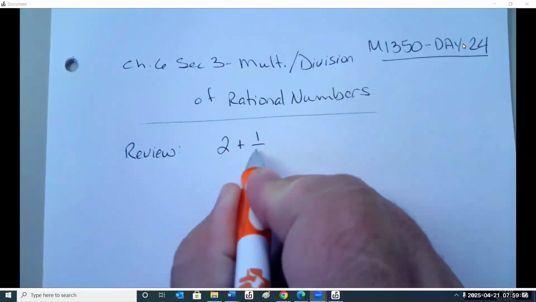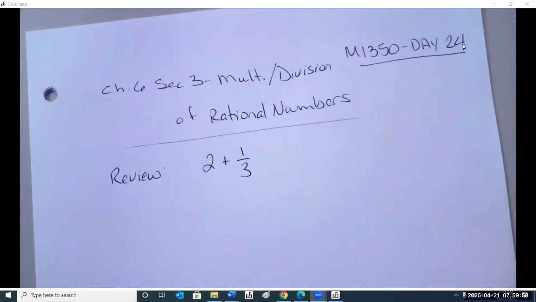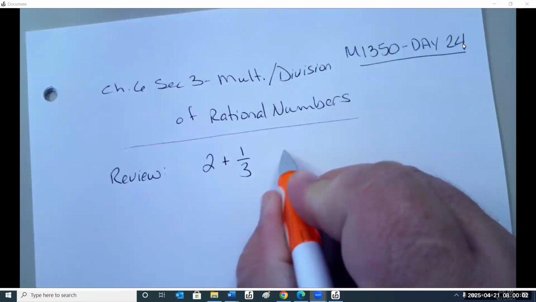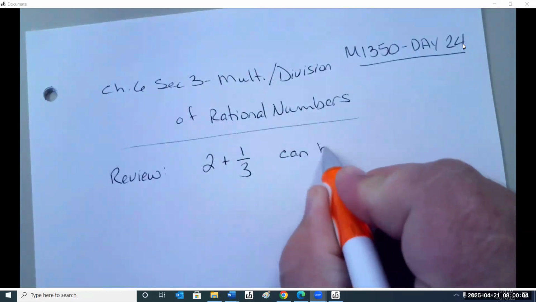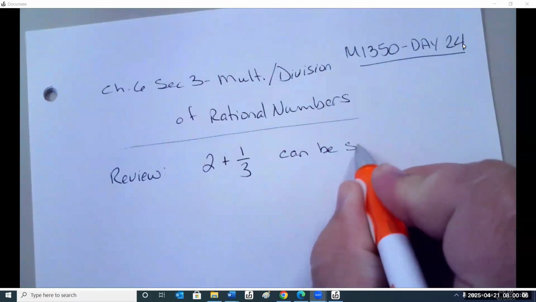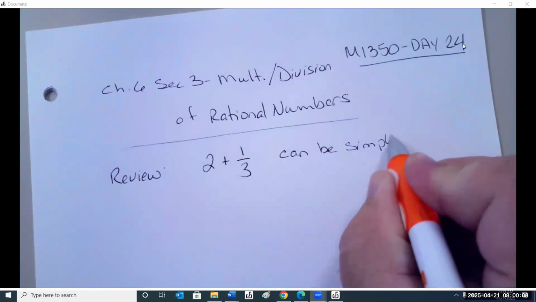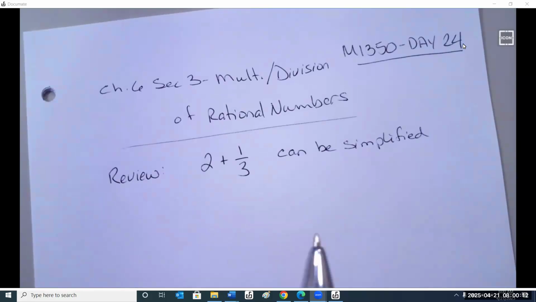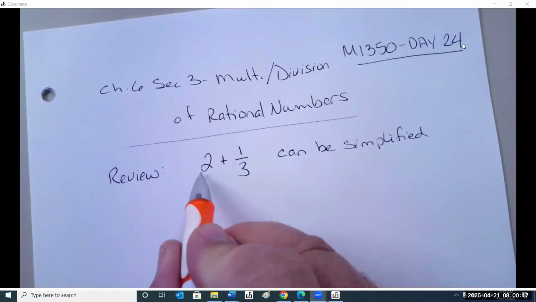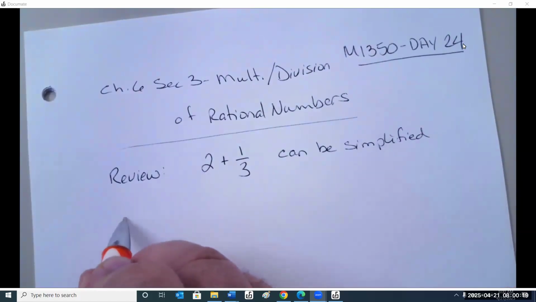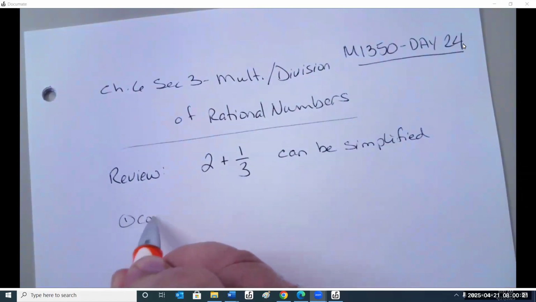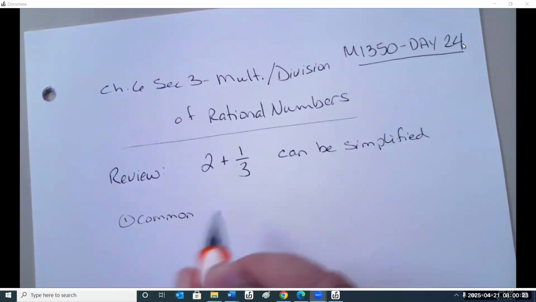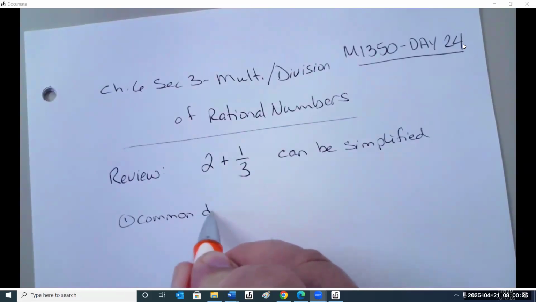2 plus 1/3 can be simplified how? Okay, why is it 6/3? Oh, I was saying, so one idea is common denominators.